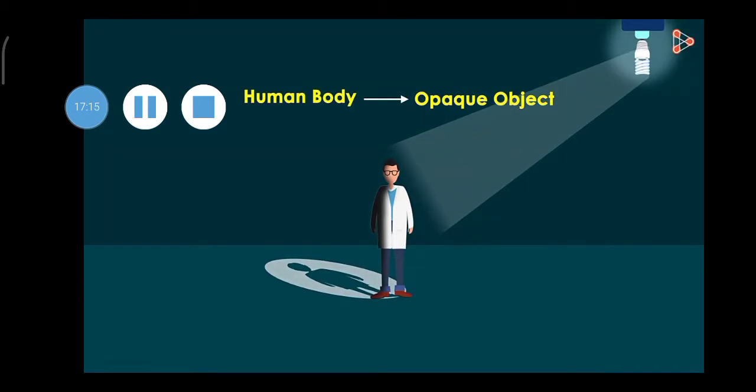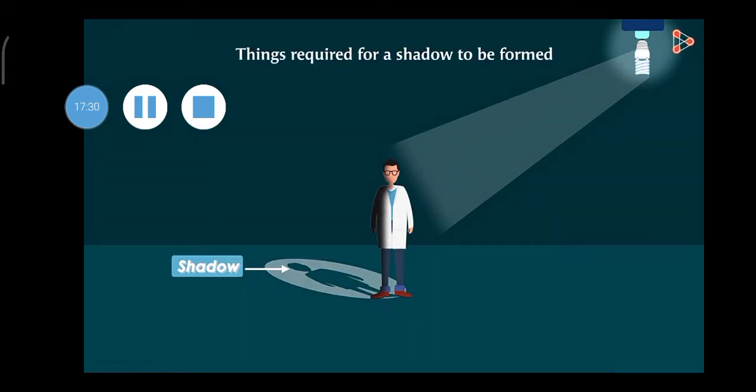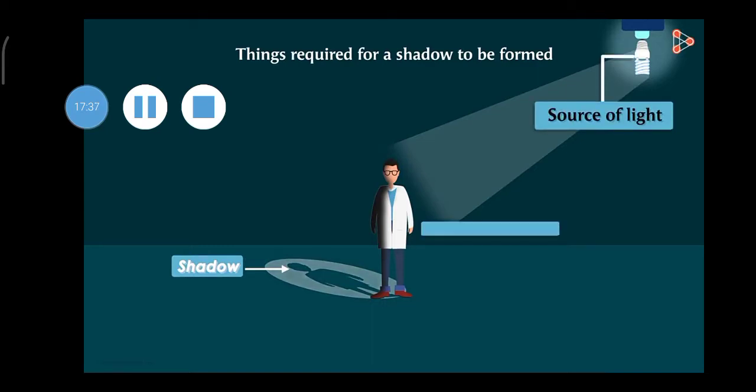There is light in front of the human body, but what do you see behind it? Yes, a shadow. This thing you see behind the body is called a shadow. Now, looking at this, can you tell me the things that are required for a shadow to be formed? Two things are obvious. First, a source of light, which is in front of the body. And second, an opaque object. Here, the human body is the opaque object. Can you identify any other thing we may need for a shadow? Maybe not. Now let's consider a different situation.